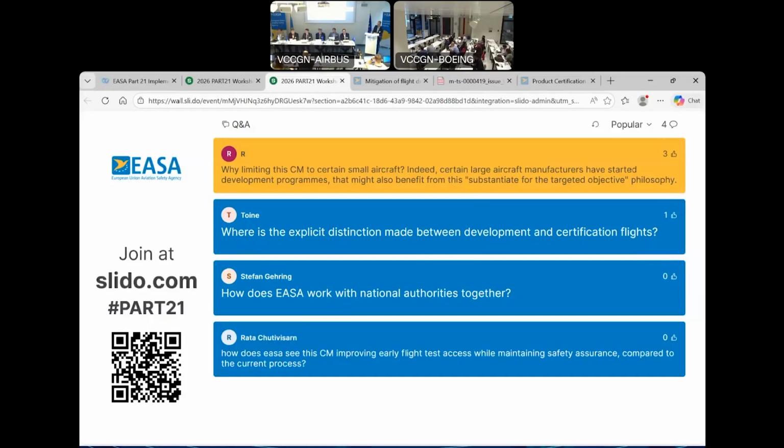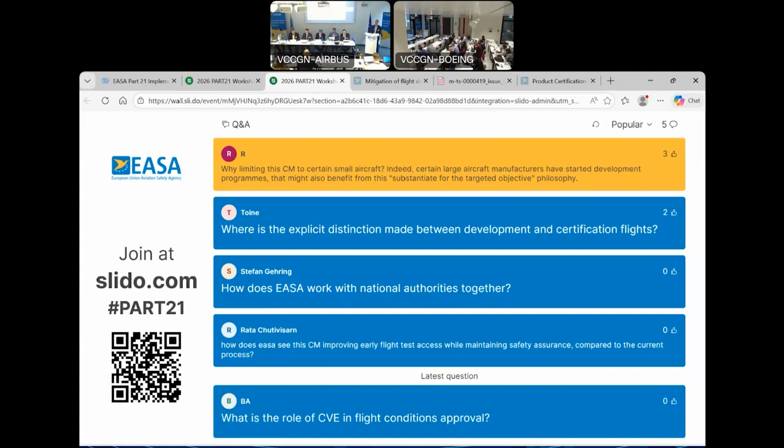So we try to explore first on the smaller size before we would do steps in other directions. Right now, we limit it on purpose to that small aircraft domain where it's more contained, where we have better visibility of what is happening and whether the measures taken are in the good direction.